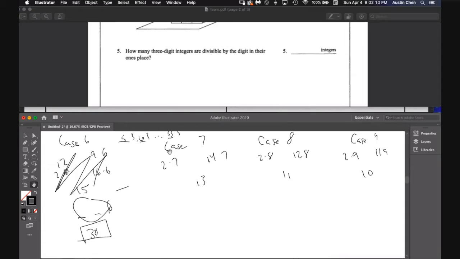Because the 10 and the 7 are relatively prime, x has to be divisible by the whole thing. We can also think of that in our case 3. 3 was also relatively prime to 10. So that's also why we just had the two-digit number having to be divisible by 3.